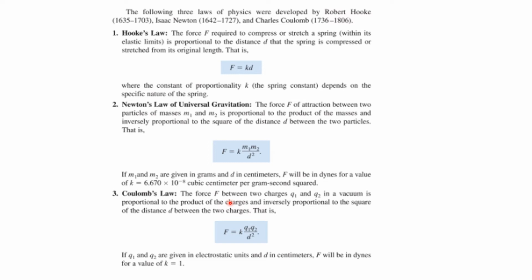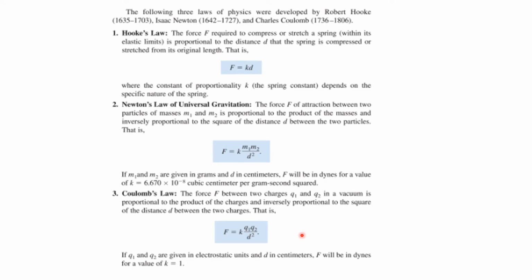We also have a similar law for electrical things. The force F between two charges Q1 and Q2 in a vacuum is proportional to the product of the charges and inversely proportional to the square of the distance between the two charges. Now notice that this looks a lot like Newton's law, except the constant is way different and the product of the two charges is there instead.